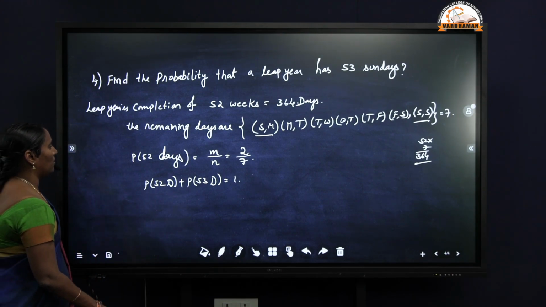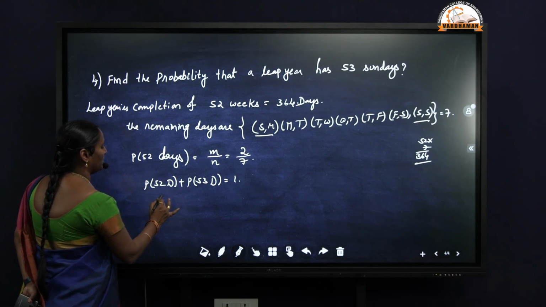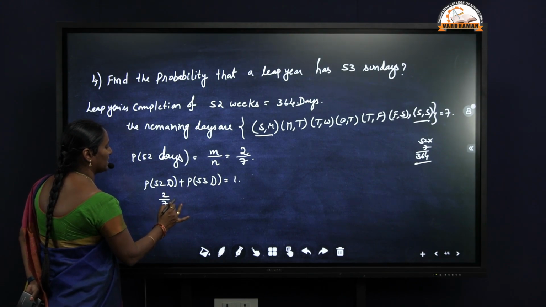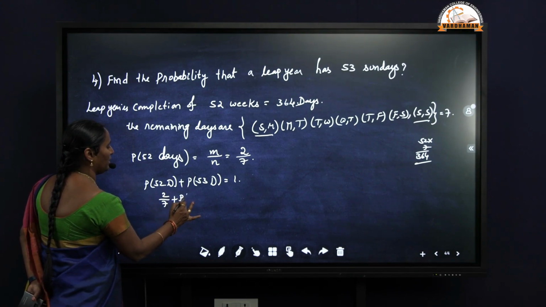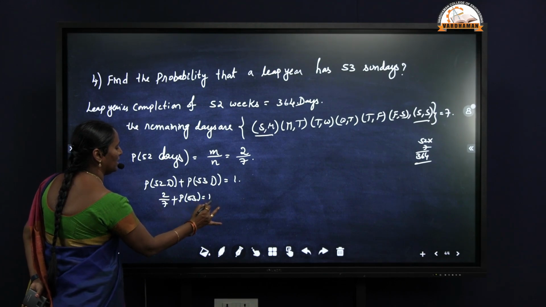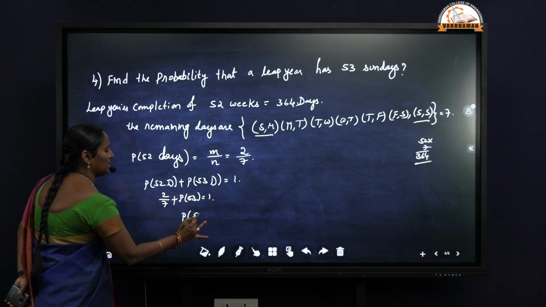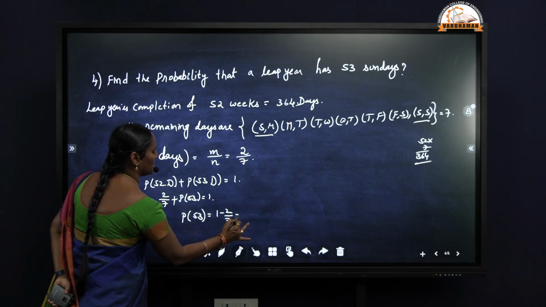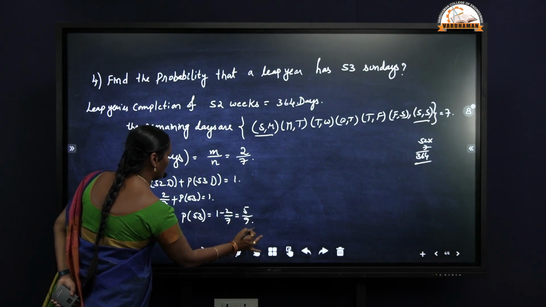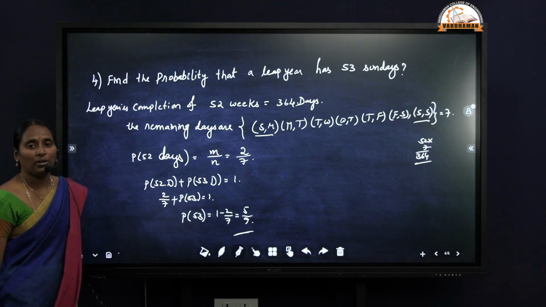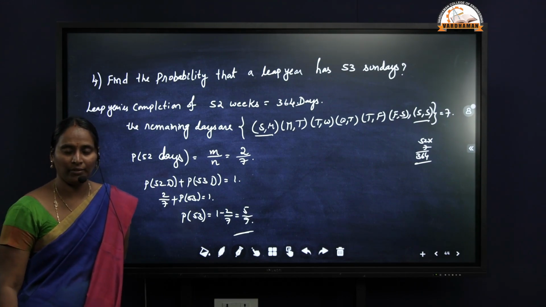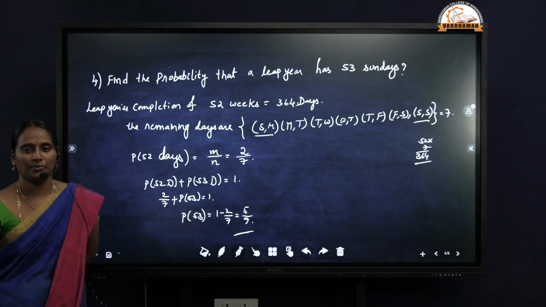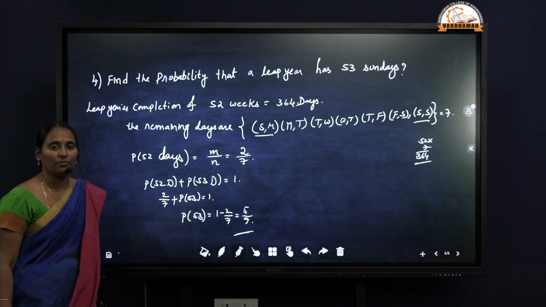We got 2 by 7 plus the probability of 53 is equal to 1. So the probability of 53 is 1 minus 2 by 7, which is equal to 5 by 7. So the required probability that the leap year has 53 Sundays is 5 by 7.